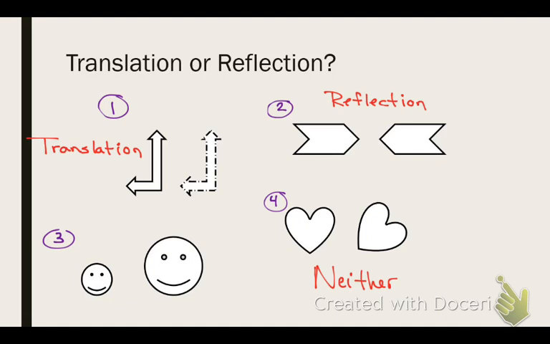So it's just neither, okay? So on this section on your test, I'm only asking, is it a translation or a reflection, okay? So I just wanted to show you some where it would be neither. Number 3 is also neither. It actually is a dilation, which is what we're going to learn on Thursday, okay? So those are just sets of figures that we can identify on our test, okay?